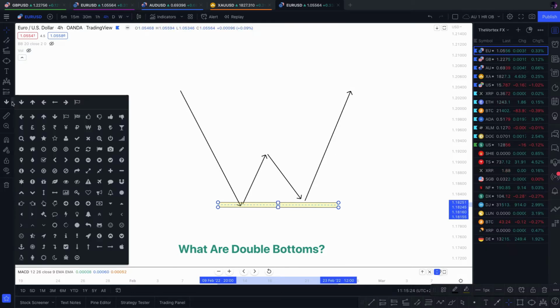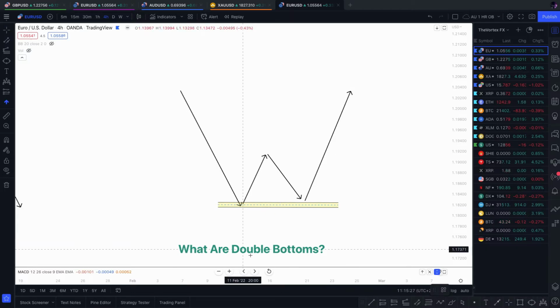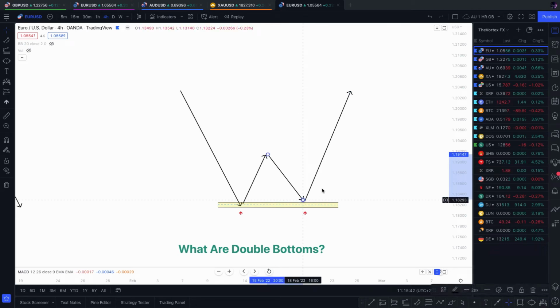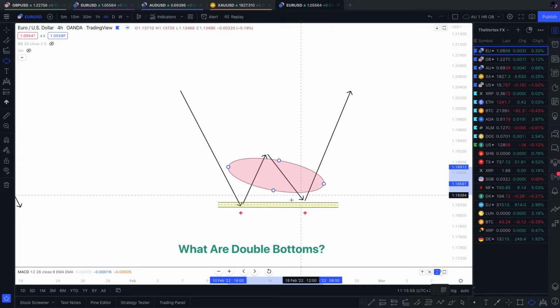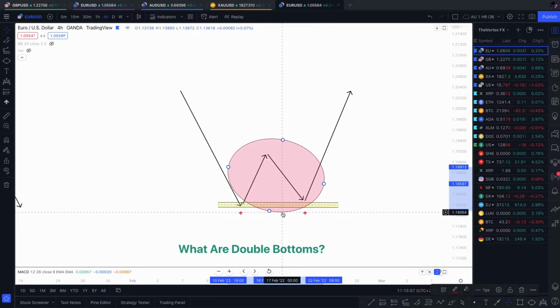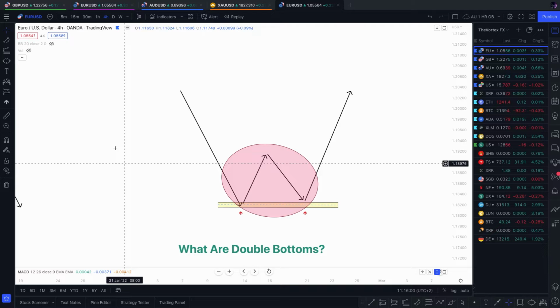One bottom over here, and another bottom just a bit higher over here. We can see that it forms the W pattern, because once price struggles to break this previous low, it then reverses. So what was once a bearish trend now becomes a bullish trend. The bulls come and take over. So this whole area right here is a reversal zone. I hope this makes sense to you guys.